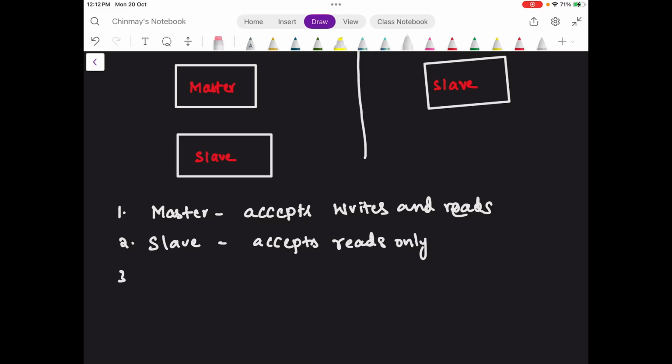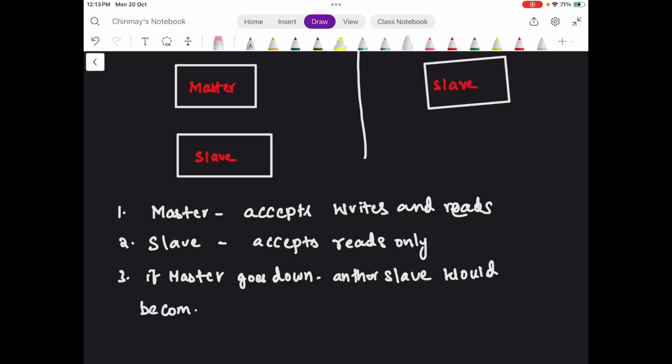Okay, the third rule is if the master goes down, another slave becomes master. Another slave which is in sync, which is more in sync, becomes the master.